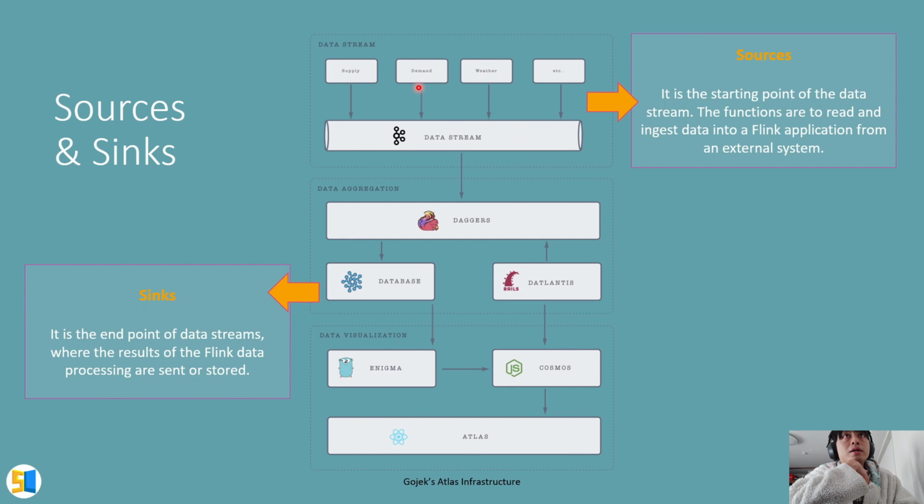It reads from these sources and injects it into Flink. On the other hand, a sink is the endpoint of data streams, where the results of the Flink data processing are sent or stored. In this example, they store it in a database to be later visualized using their applications.